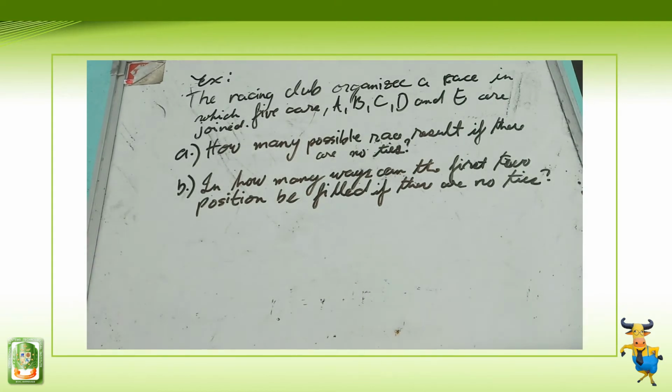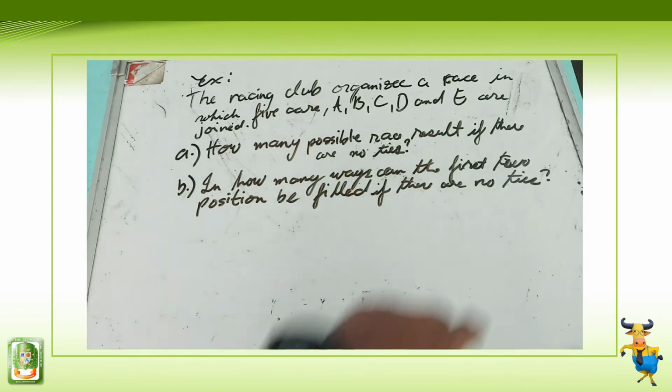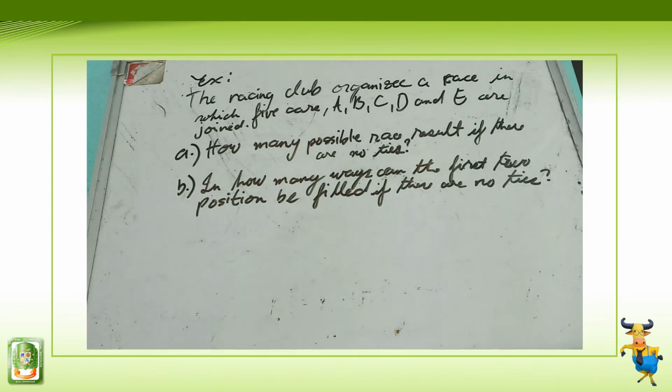So, dalawang tanong natin. How many possible race results if there are no ties, and in how many ways can the first two positions be filled if there are no ties?